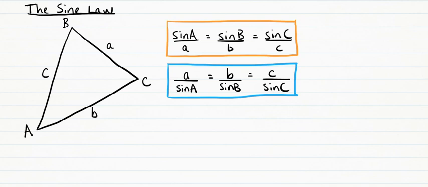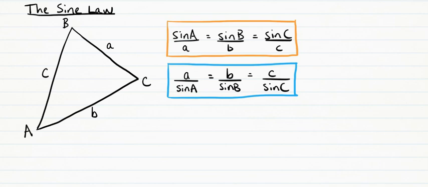This is what you want to use if you are trying to find unknown sides or unknown angles in what we call an oblique triangle, which is a triangle that does not have a 90-degree angle. For this triangle ABC, we've got the side lengths labeled as a, b, c as well, with the opposite side and opposite angle having matching letters.